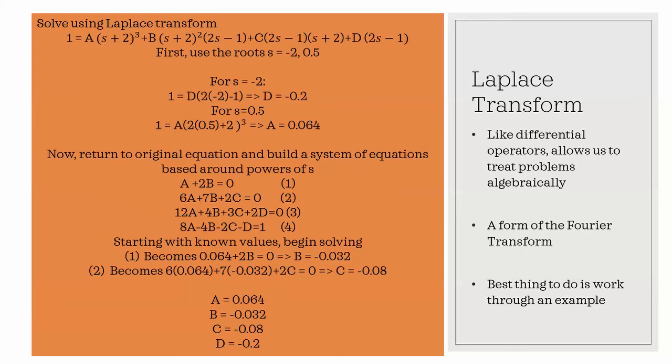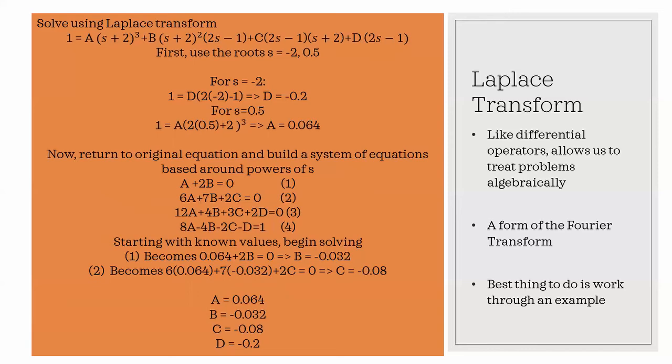We wind up with 1 is just equal to d times the quantity 2 times negative 2 minus 1. Because in all the other parts of our equation, we have factors of s plus 2, which when we substitute in negative 2 for s becomes 0, so they all drop out. And now we have trivially discovered that our unknown d is equal to negative 0.2.